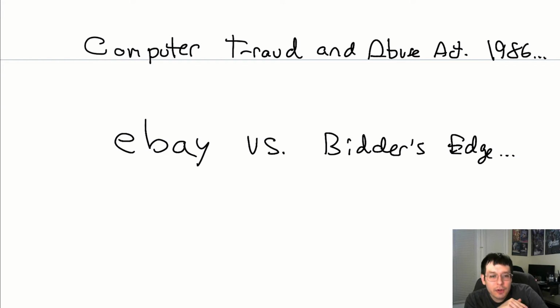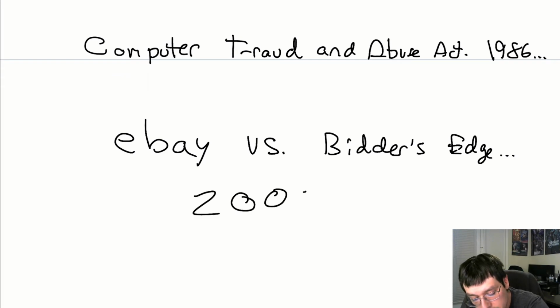Let me see what year eBay versus Withers Edge was. This was in 2000, actually, in the Northern District of California, United States District Court, okay? If you look it up as eBay versus Withers Edge, you can find the Wikipedia entry on it.